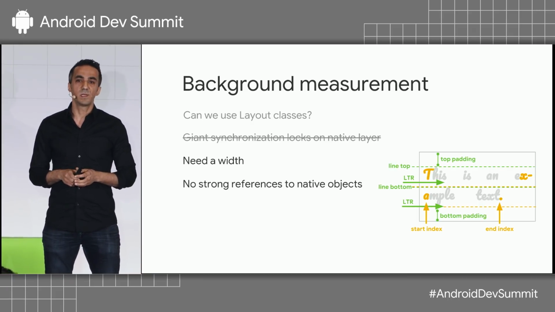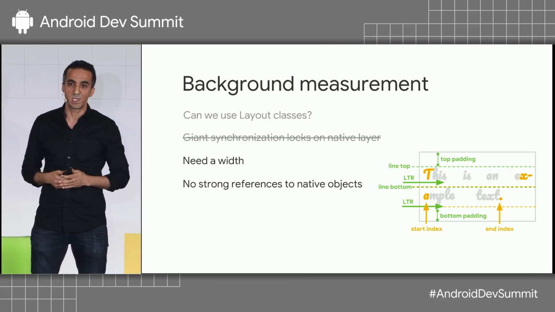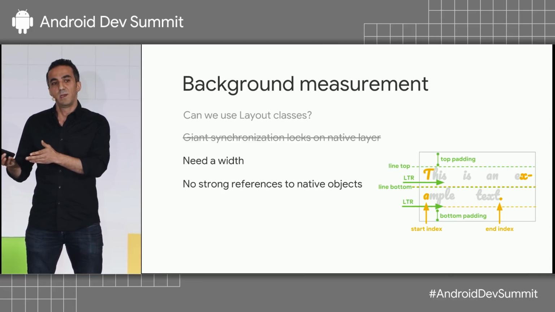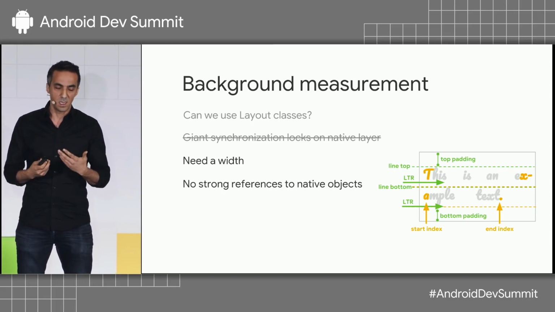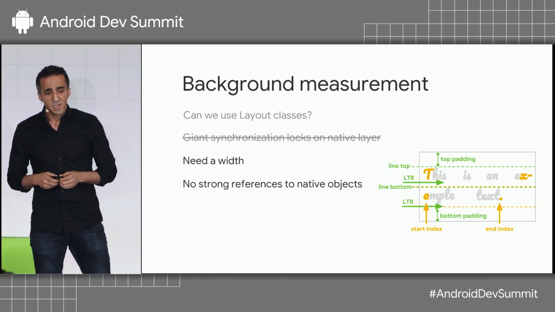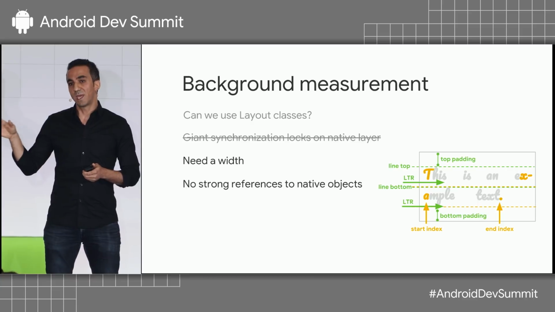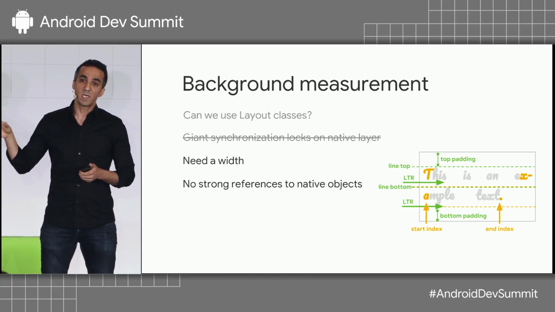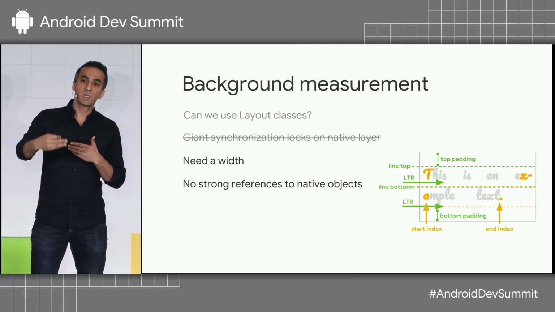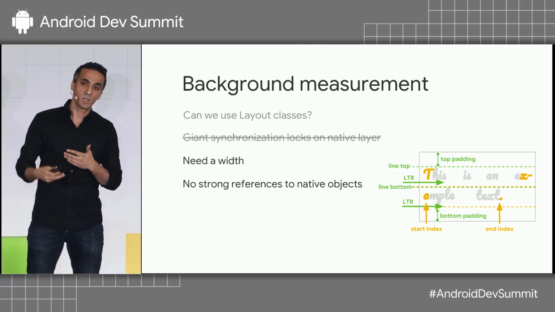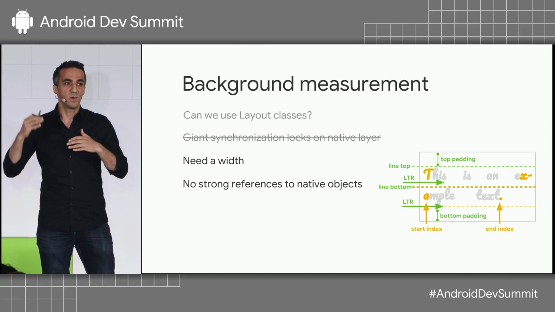One of them, layout classes need a width to be provided to them so that they can do their calculations. And you would not have that width before measuring, so it was a chicken and egg problem. The other one is, the layout objects are just blueprints for the text they contain, kind of a cache on the Java side, and they do not know about the previously calculated native word layout objects. All they know is how many lines there are, where they start and end, and what their coordinates are.